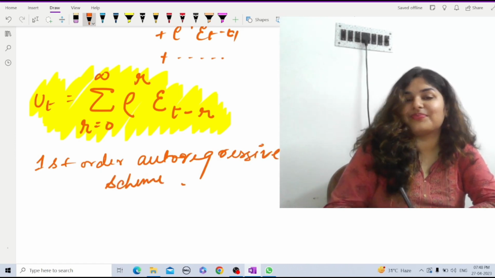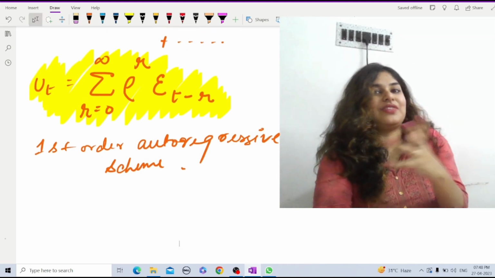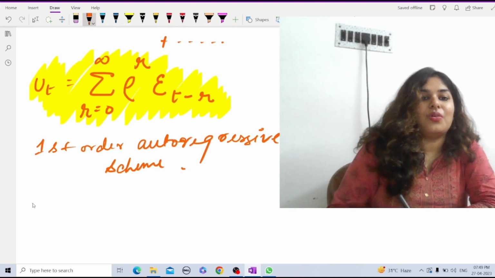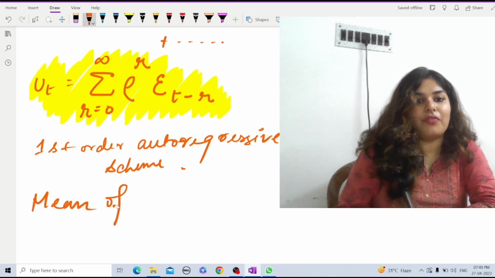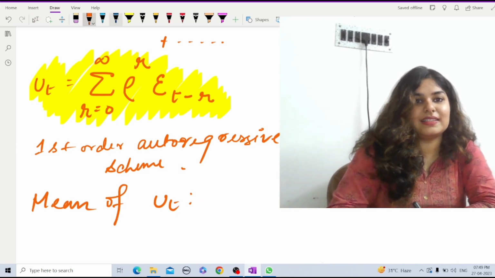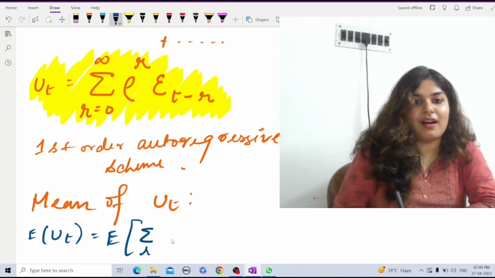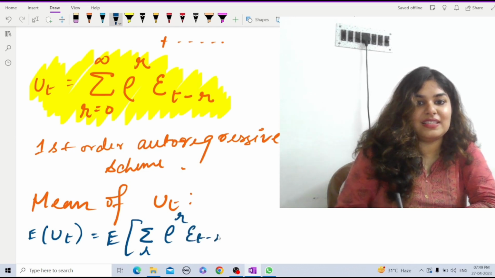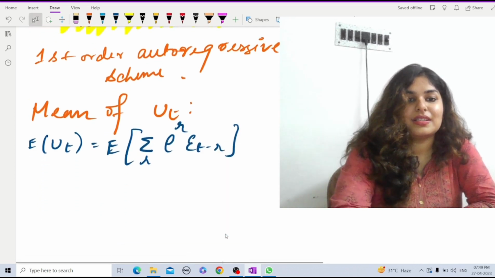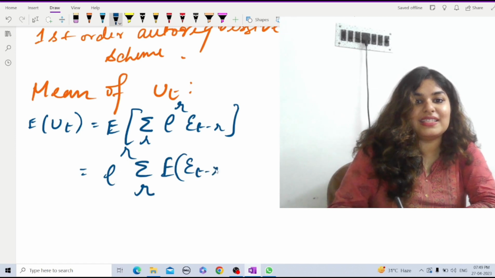So now what we're going to do is calculate the mean of this first order autoregressive equation. So the mean of ut, that is E of ut, equals E of the summation over r of rho to the power r epsilon t minus r, which equals rho to the power r summation over r of the expectation of epsilon t minus r.